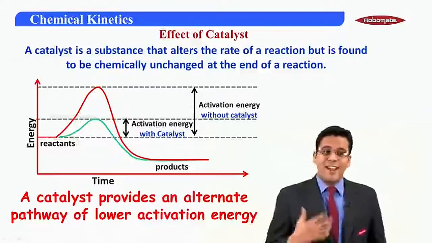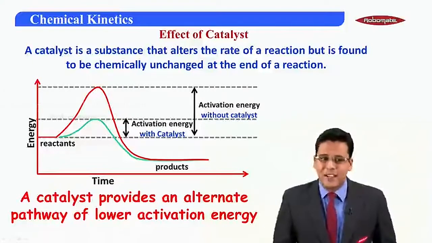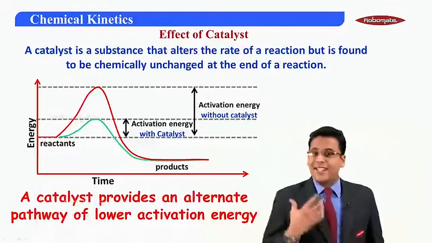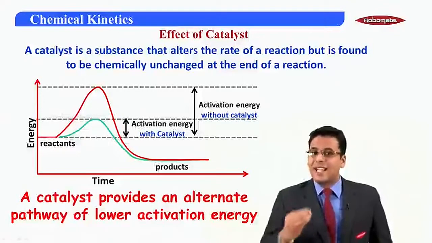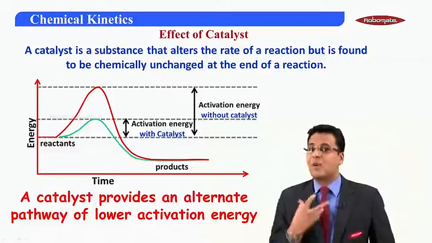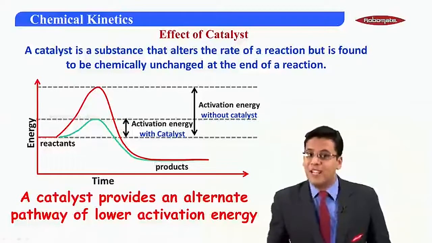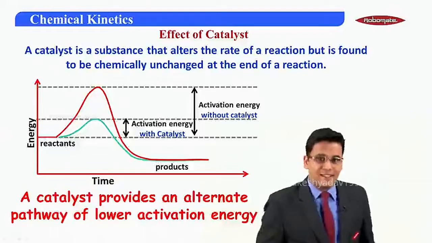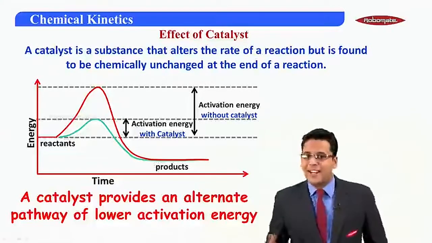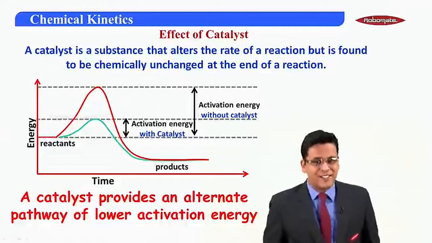It provides an alternate pathway of lower activation energy. And that's how it increases the rate of reaction. Because now the energy required for the reaction to become spontaneous is less. That is the effect of a catalyst on the rate of reaction.